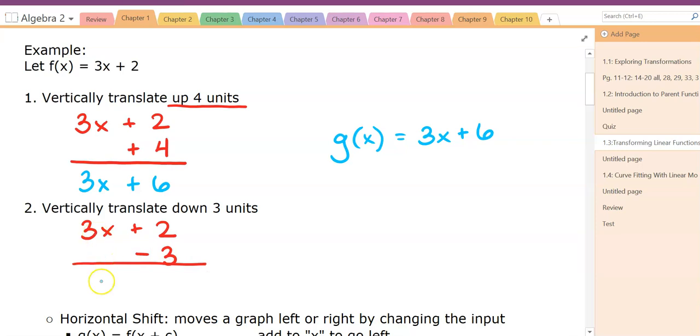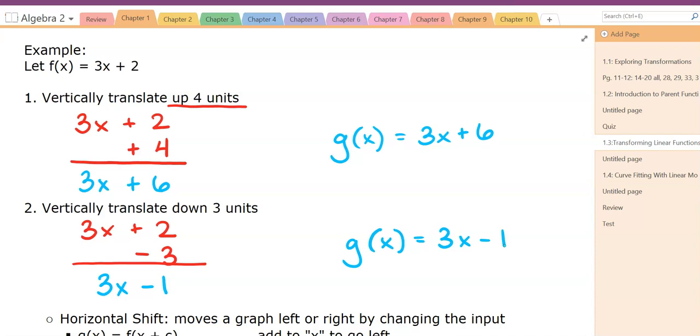So I'm still going to have 3x. Now we have 2 minus 3, so that's going to be negative 1. So we would write 3x minus 1. Again, I could say g of x equals 3x minus 1. Okay, so those would be your vertical shifts.